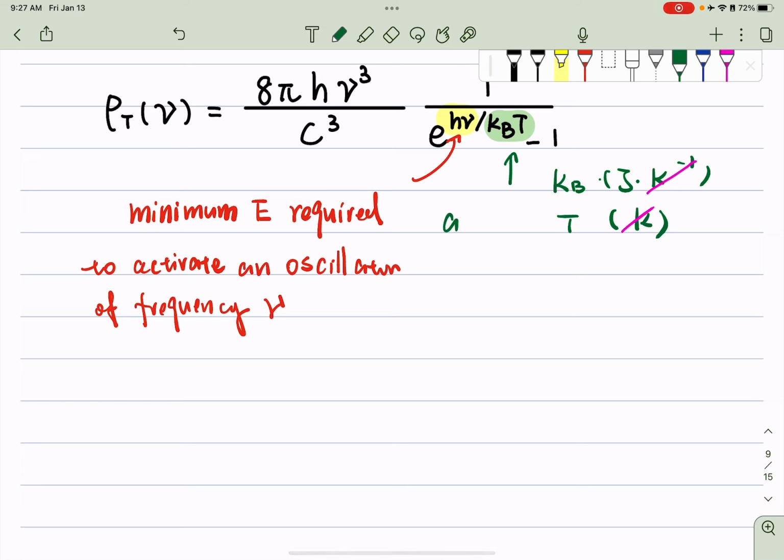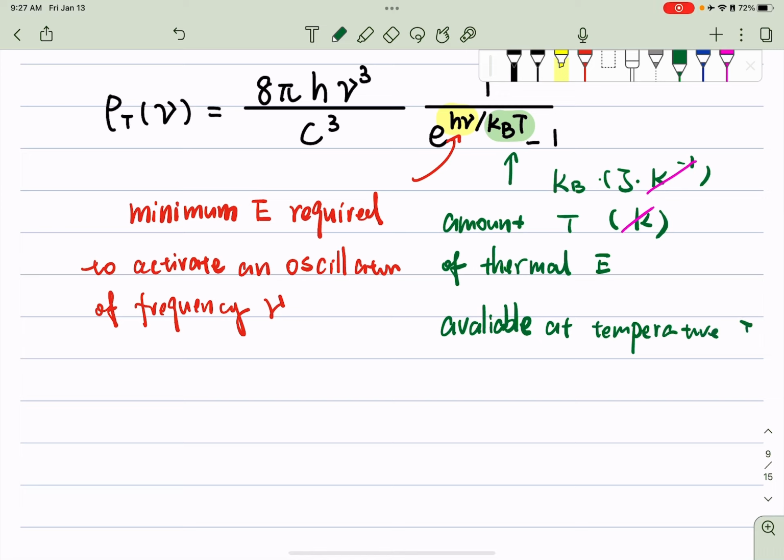So this means KBT is the amount of thermal energy available at temperature T, because T is a constant.